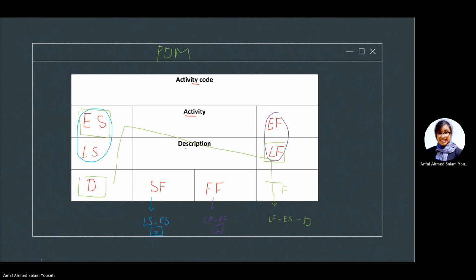When we're drawing our PDM, whatever comes from this side is considered your start, and whatever comes at the very end is considered your finish. Whatever you have in the start would be on this side, and whatever is a finish is on the other side. Let's see an exercise together so we can understand it even further.